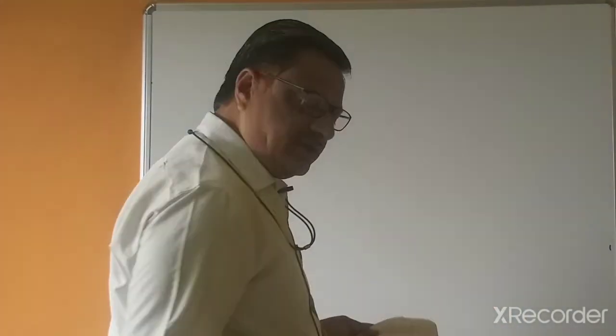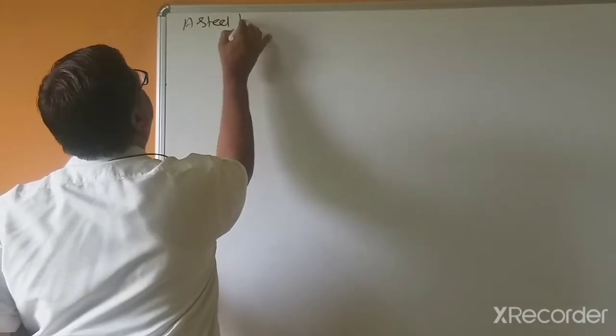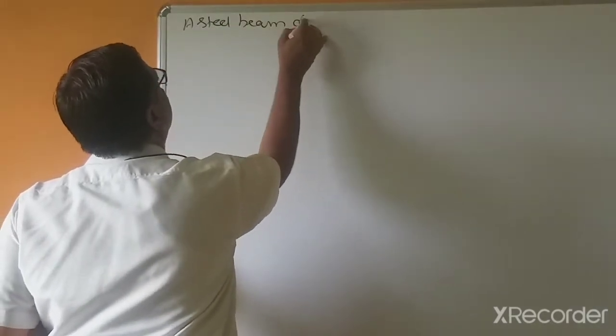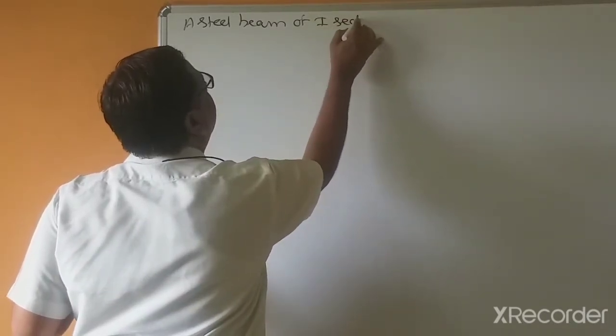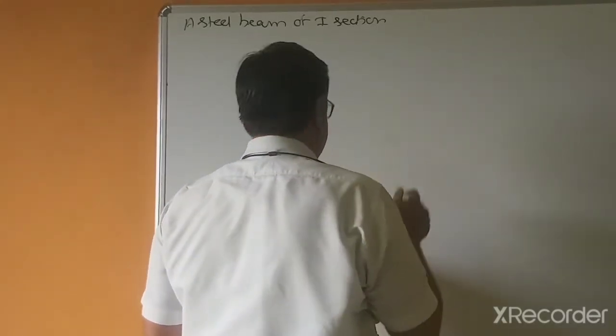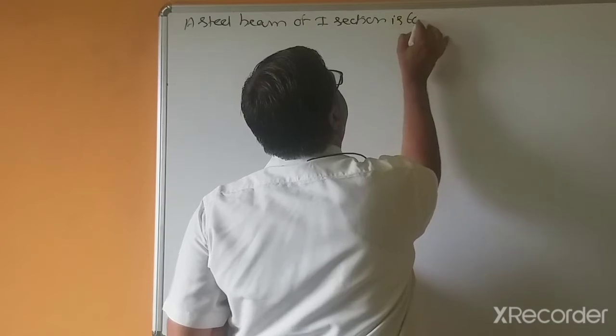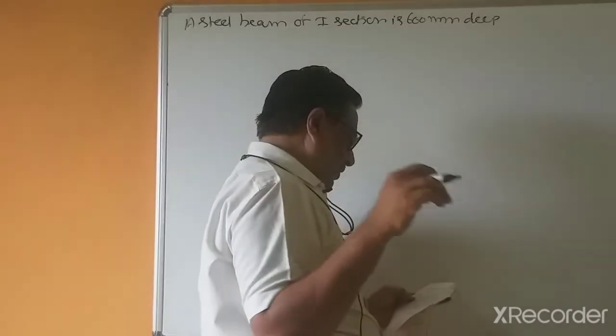So please note down, today's first problem is a steel beam of I section. It is 600 mm deep, meaning overall depth.